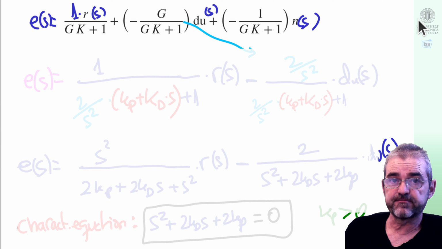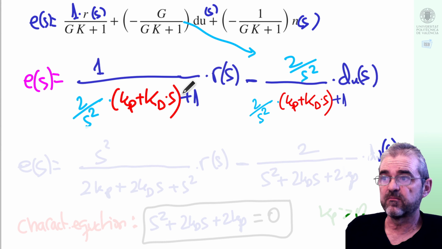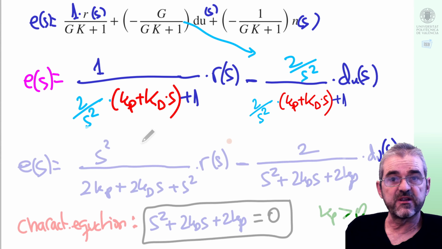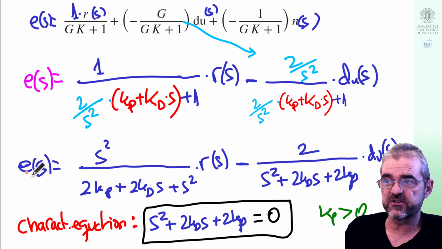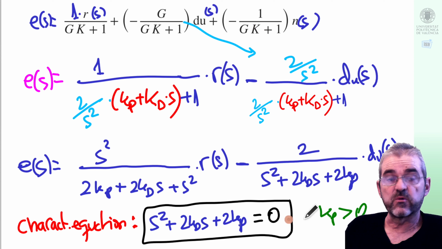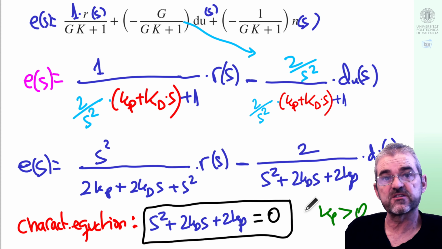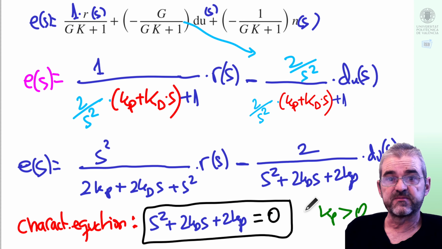So the loop error, once I replace my plant and controller and remove denominators, will have this expression with this characteristic equation to compute the poles. This is why the methodology is called pole placement.